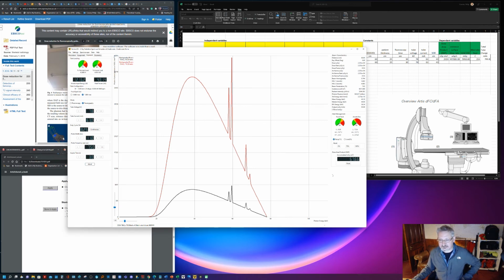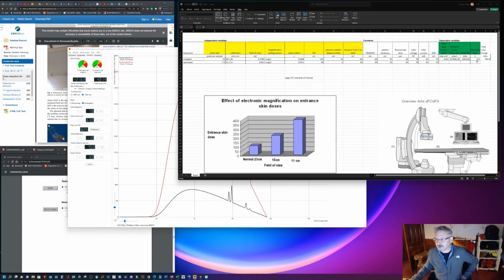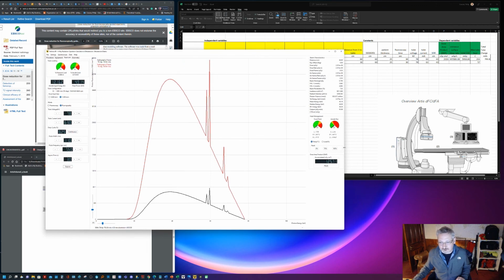So wait for 30 seconds and then we can put our new dependent variables in. Okay, done. So it got to 57 degrees centigrade. So it wasn't getting the tube hot at all.